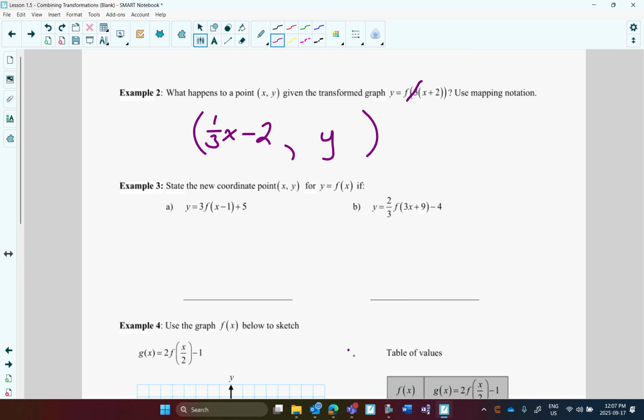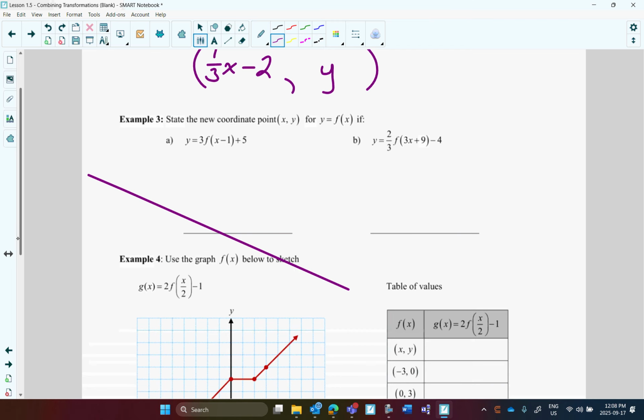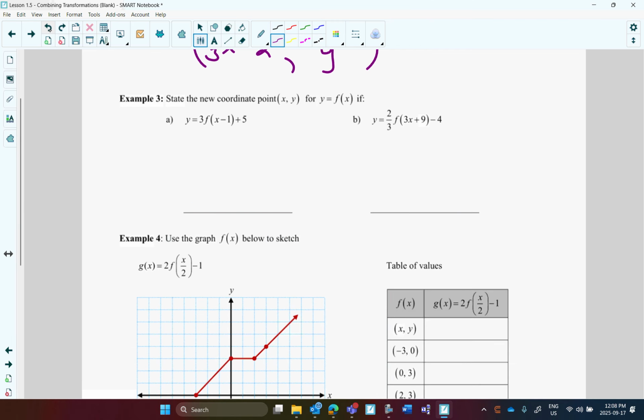Here we're going to do the mapping notation again. We'll finish off with these ones for now. Remember, always just do a quick check, especially if it's a complicated transform function, that it's factored properly, the inside. There's no number in front of the X, so I don't have to worry about factoring there.